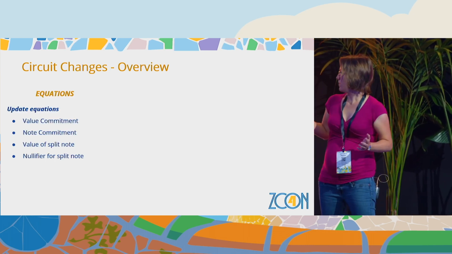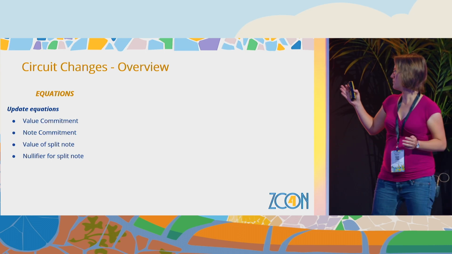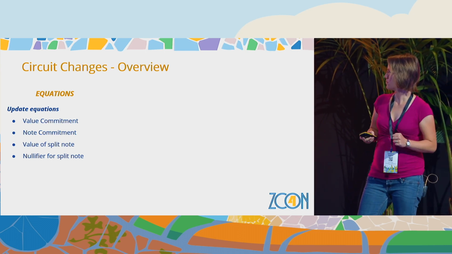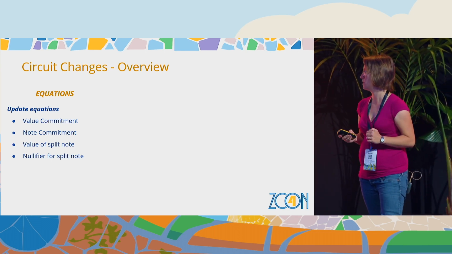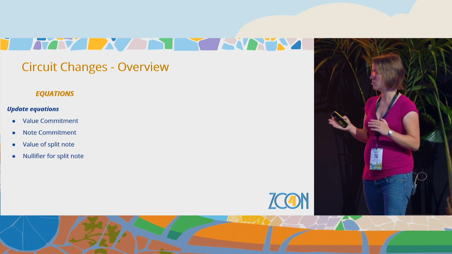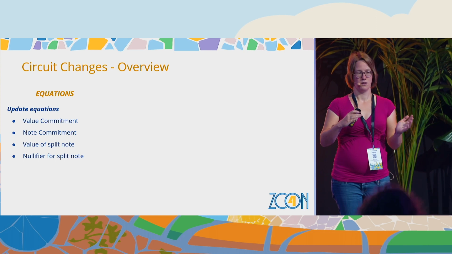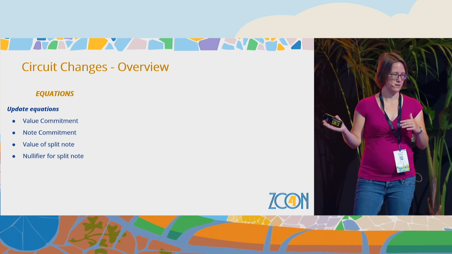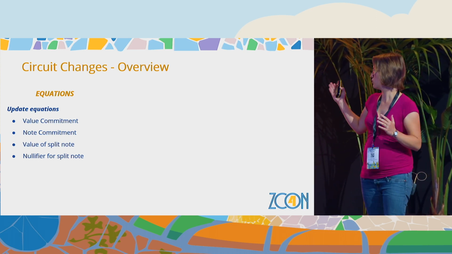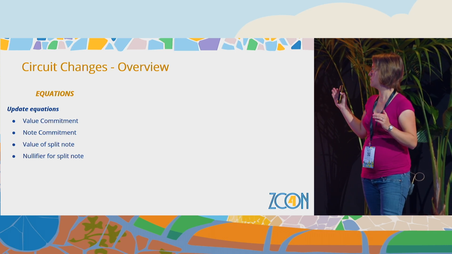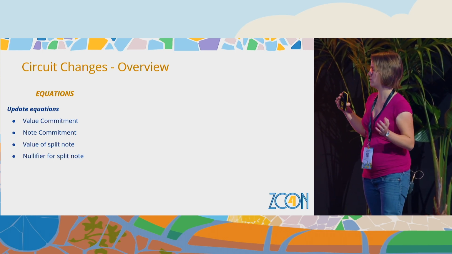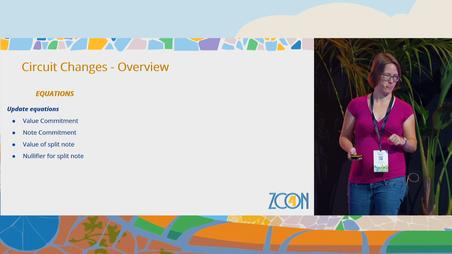As explained by Pablo, we updated some equations. So now in the value commitment, we have the asset. For note commitment, we have one equation for ZEC and another equation for ZSA. And we introduced the notion of split note, with a new equation for the value and the nullifier.